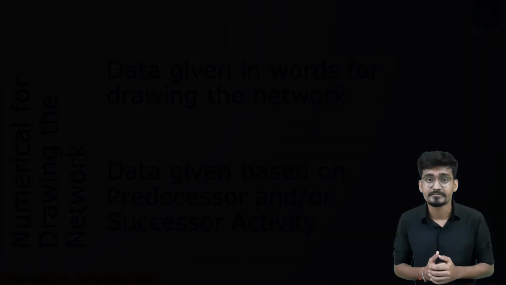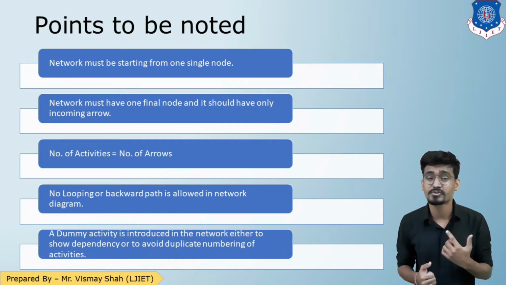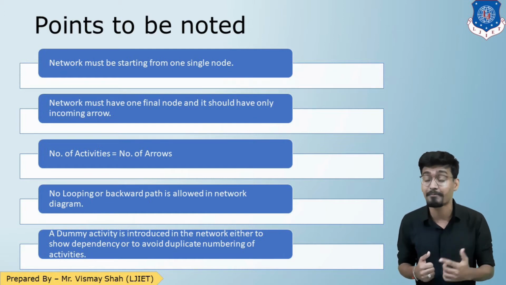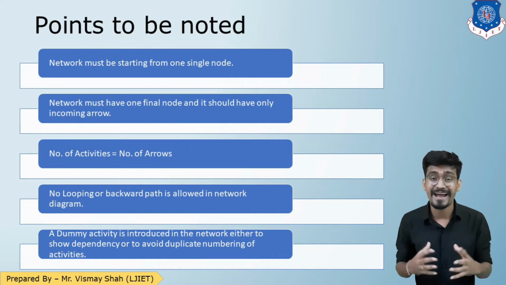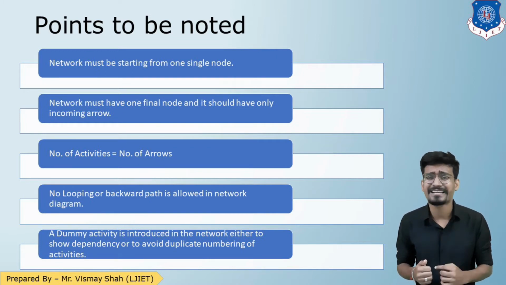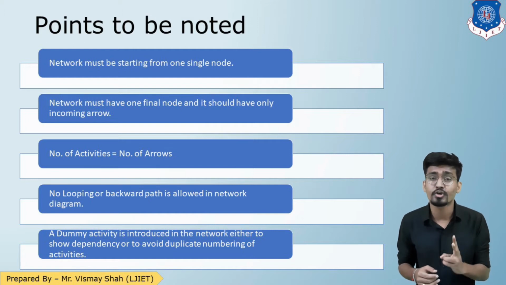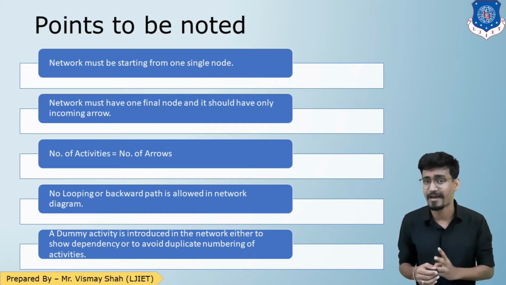So let us start. Before starting any numerical, here are a few points to be noted while drawing the entire network. The network must start from one single initial node. Second, there should be only one final node in the network, and that node should have only incoming arrows.